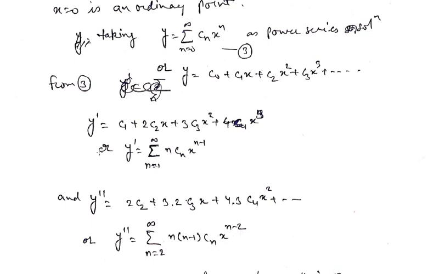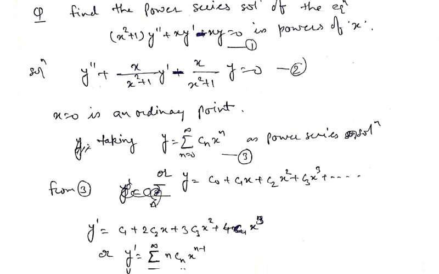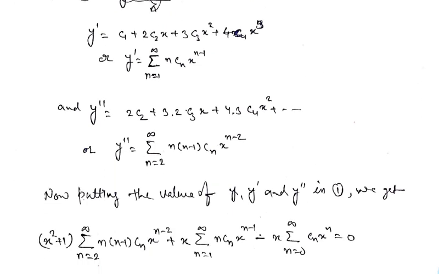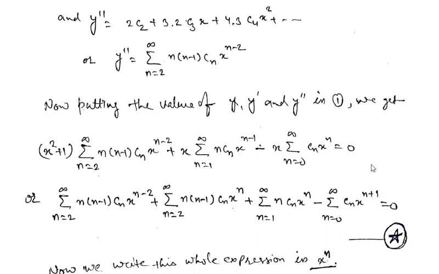Now we put the values of y double prime, y prime, and y in the given equation, which is (x square plus 1) y double prime plus xy prime minus xy. After putting them in, we get this expression. Here we put the value of y, this is y prime and this is y double prime. Now we will simplify this expression.